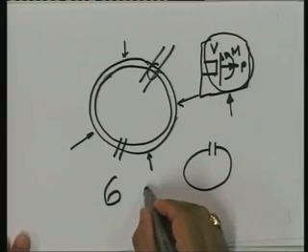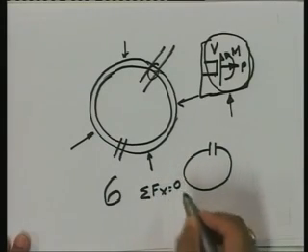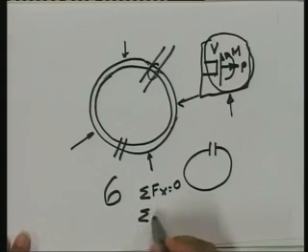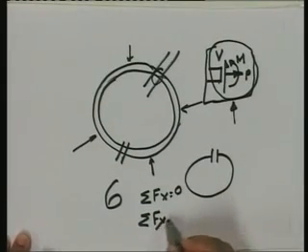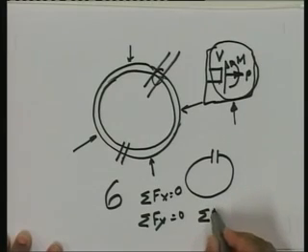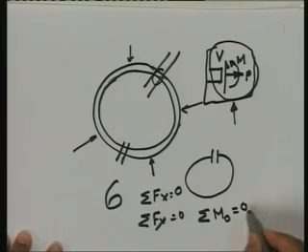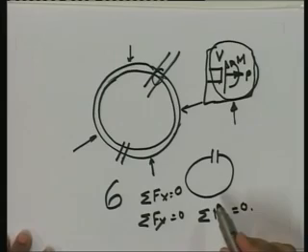What are they? Sigma Fx equal to 0, sigma Fy is equal to 0, and sigma moment about any point equal to 0.